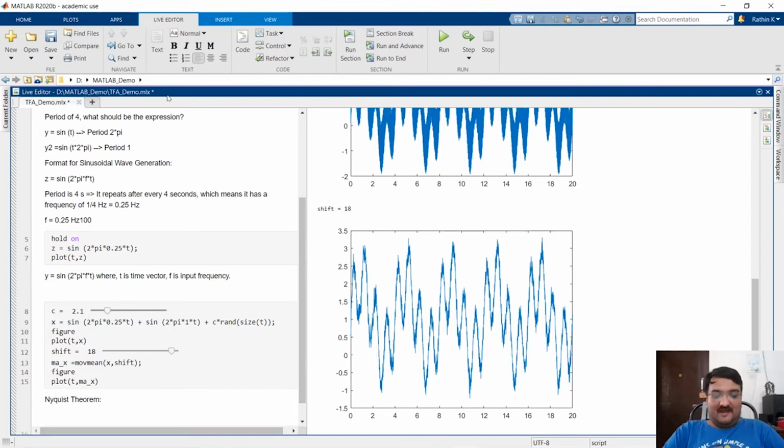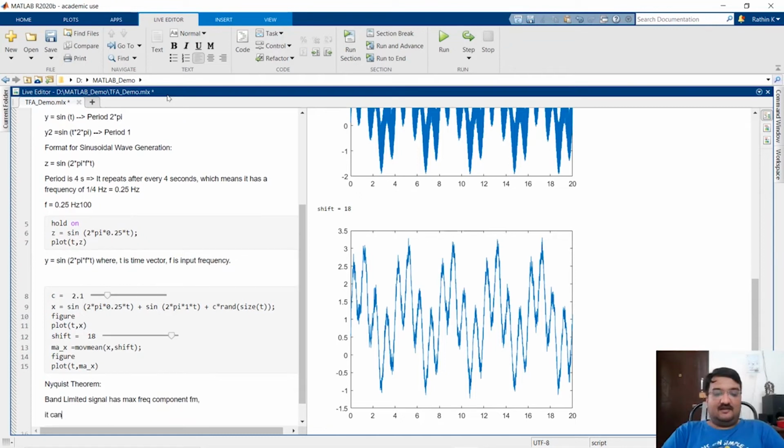Suppose you have a band limited signal. Band limited signal means, we have not covered the entire Fourier transform yet, but your signal will have a finite frequency component. So let's say your band limited signal has a maximum frequency component Fm.